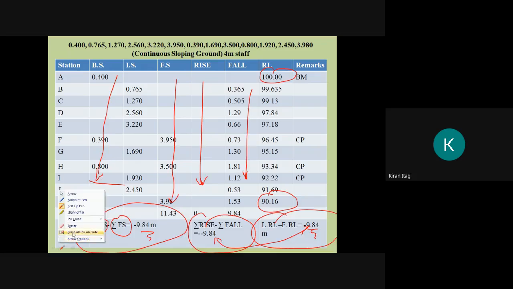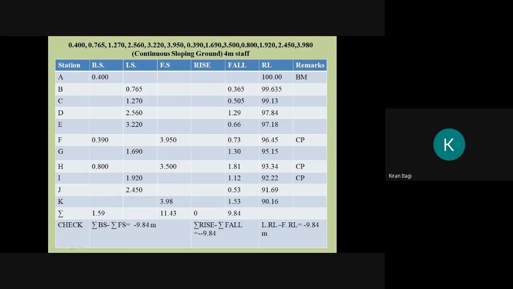Okay, I hope everyone has understood. Here it is very simple. In height of the instrument, it is a little bit complicated where we have to add and where we have to subtract. Here it is very simple. The reading will be given. What you do? Just previous minus preceding, previous minus preceding, previous minus preceding, next previous minus preceding.